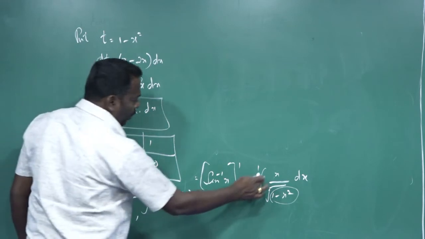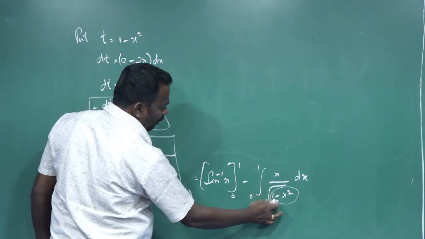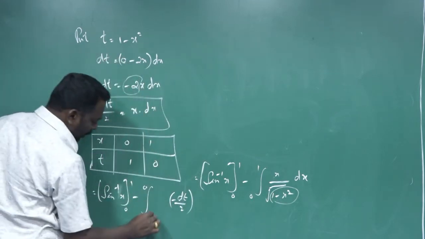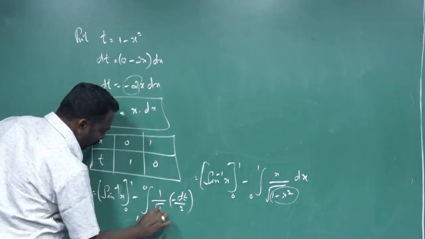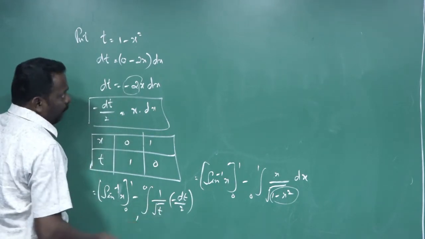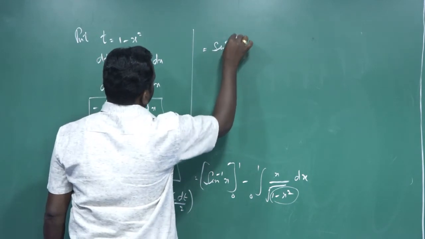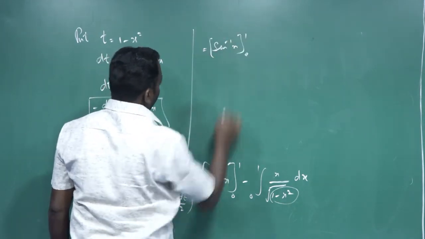Then 1 by the square root of 1 minus x squared is defined by t, so it becomes 1 by the square root of t. Now this minus 1 by 2 we keep outside. Therefore that is equal to sine inverse of x, with limits 0 and 1.